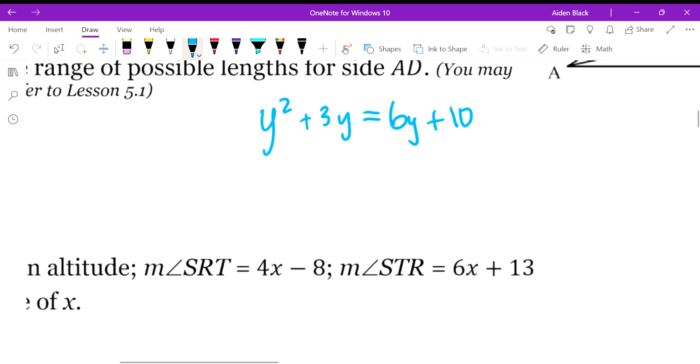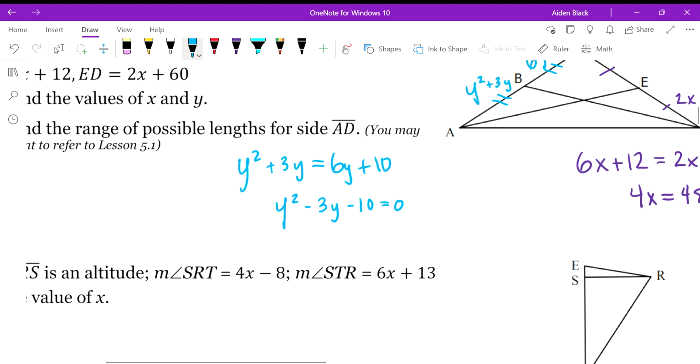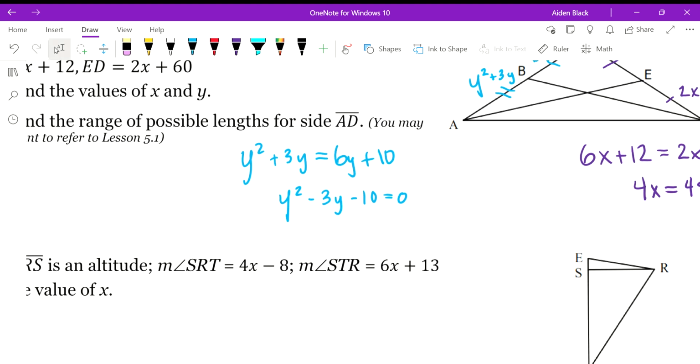Now we have a quadratic here because we have a squared variable and then we have a variable that doesn't get eliminated in any way. So we have y squared minus 3y minus 10 equals 0.